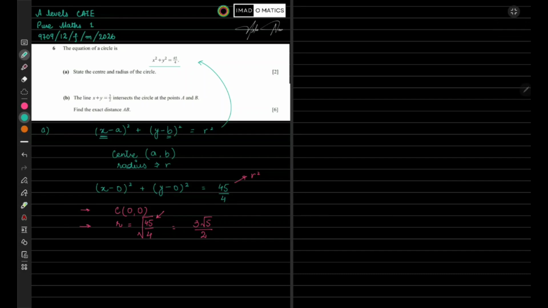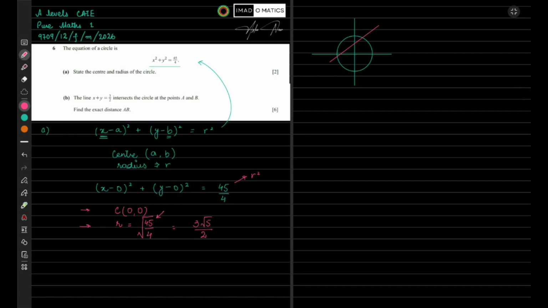Now they say the line intersects the circle at points A and B. Find the exact distance. So what they are actually doing is that you have a circle with center at the origin, and a line intersects it at points A and B, and we need to find the distance AB.